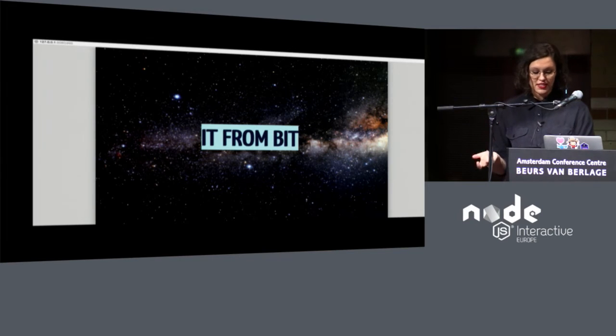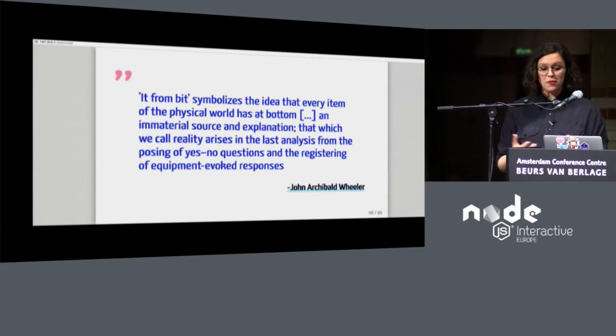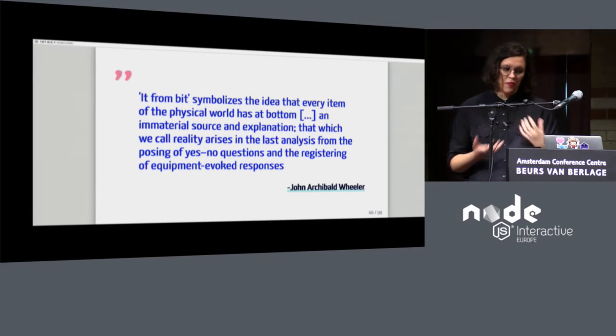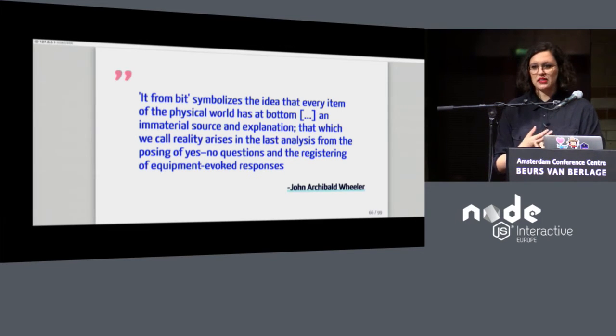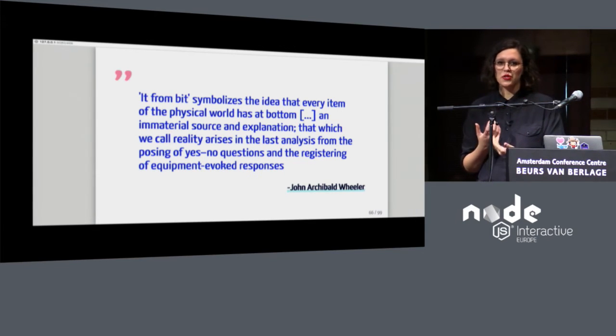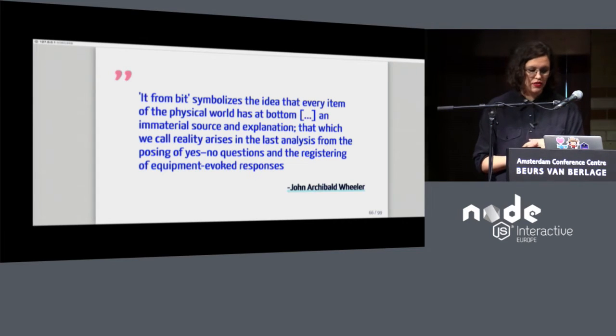And what that theory says is it from bit symbolizes the idea that every item of the physical world has at bottom an immaterial source and explanation; that which we call reality arises in the last analysis from the posing of yes or no questions and the registering of equipment-evoked responses, which is a pretty complicated way of saying that a lot of this kind of stuff emerges from binary state solutions, and very complicated things can emerge from binary state solutions.